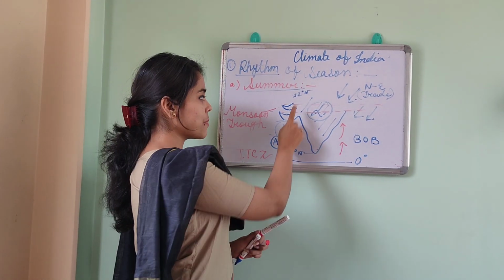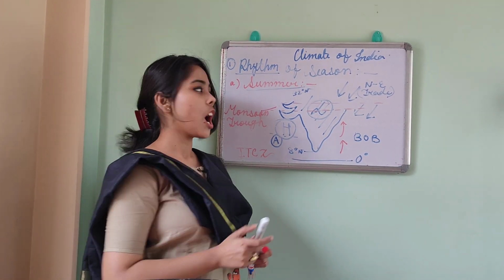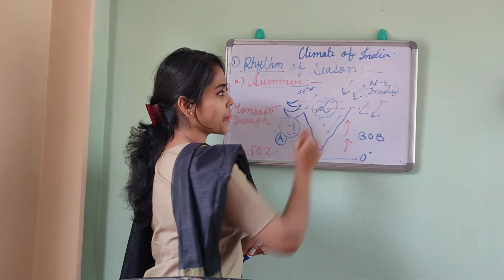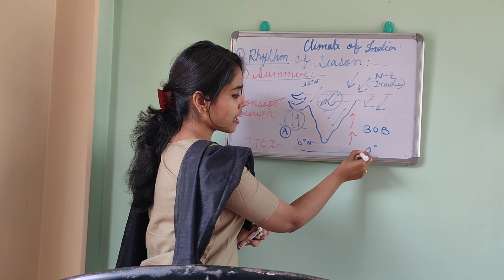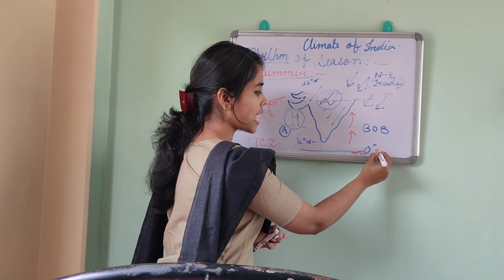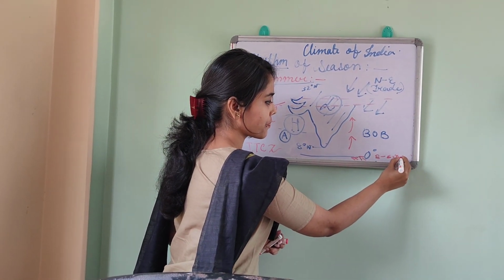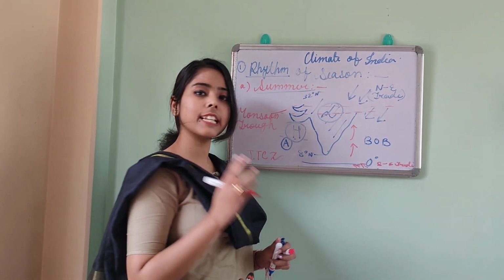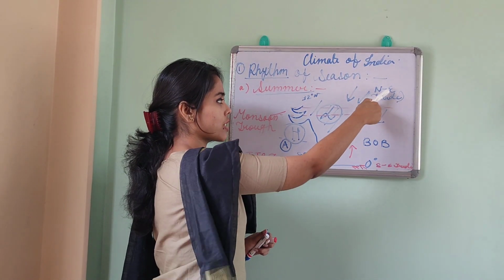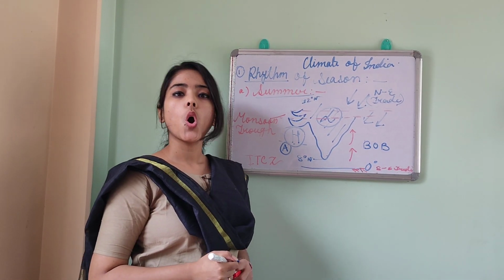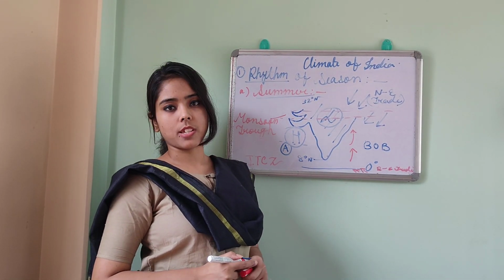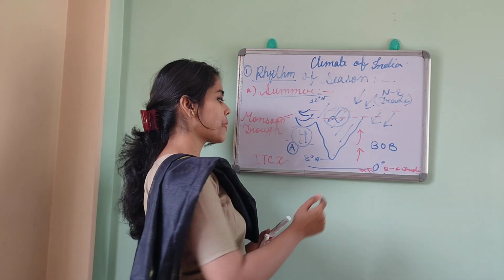Understood? So this is the basic thing. Now from this side, which trade wind is coming? Northeast. And from here another wind is coming, that is the southeast trade wind. We know there are basically two types of trade winds, one is northeast, another is southwest. But we know about the Coriolis force. What is that?